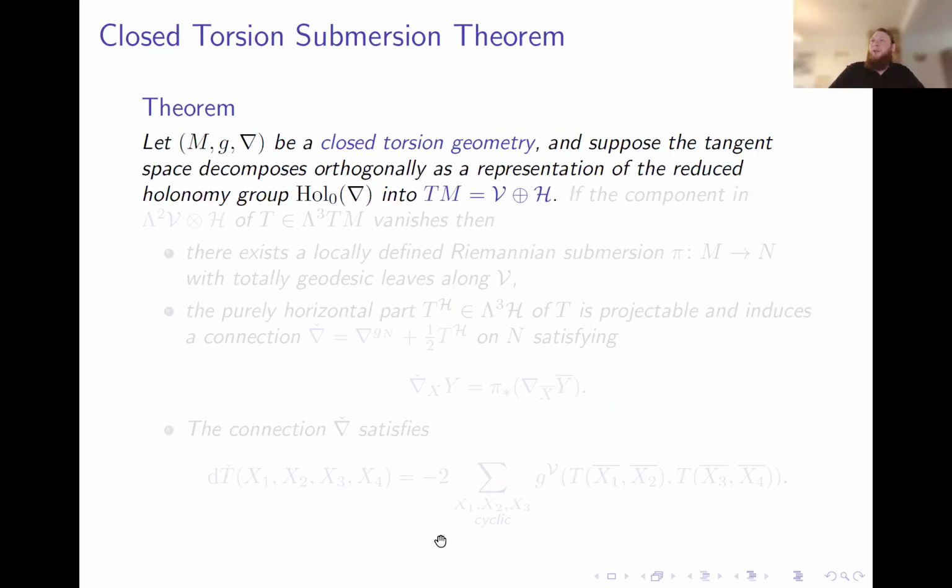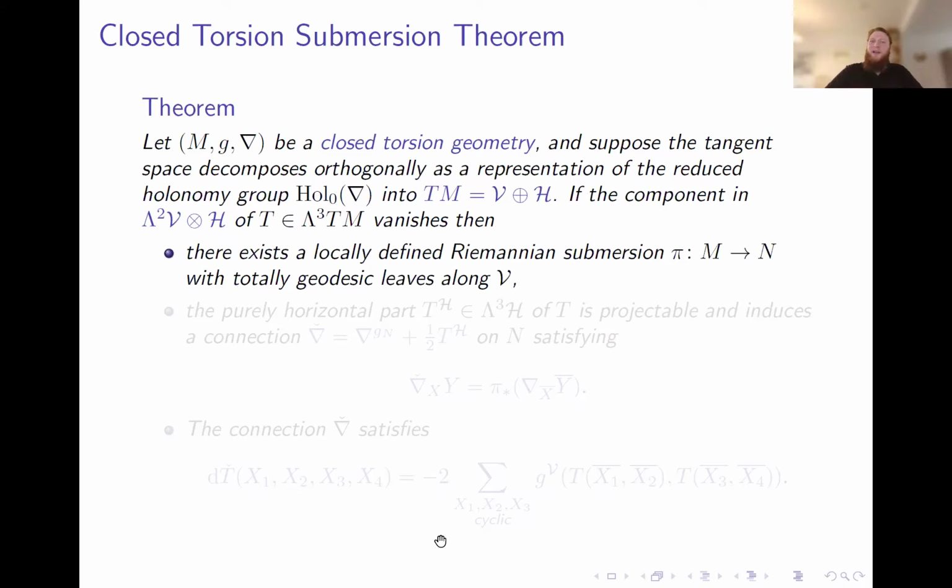So let's go into the closed torsion case. And it turns out we get basically the same theorem as in the parallel torsion case. So we have a closed torsion geometry, we have a reducible holonomy representation, and once again, we want to assume that this mixed part vanishes. And then we get basically the same results.